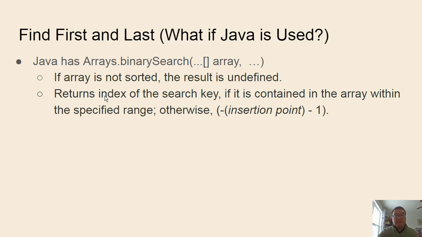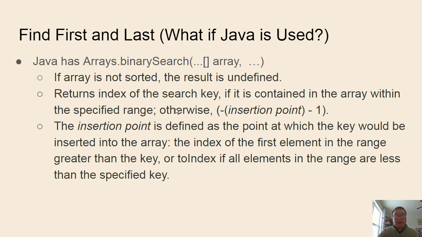Otherwise, if the element is included in the array, it will return the index of the search key, so essentially an index where the array at that index is that element.